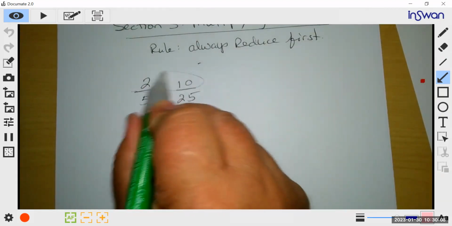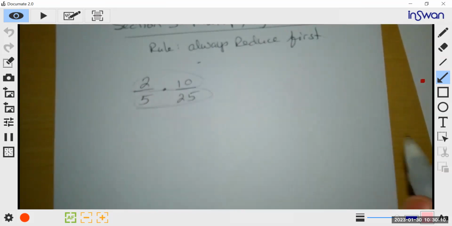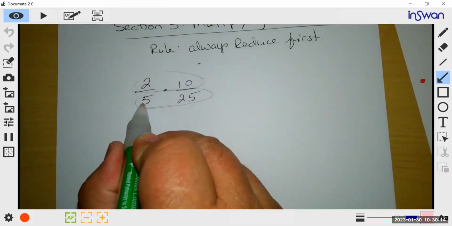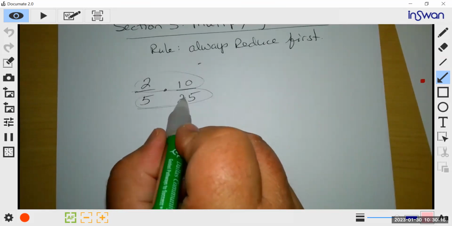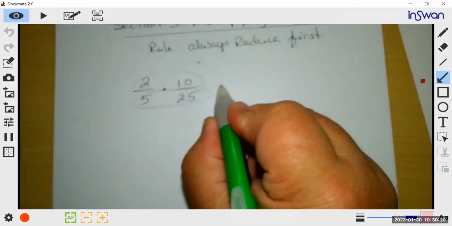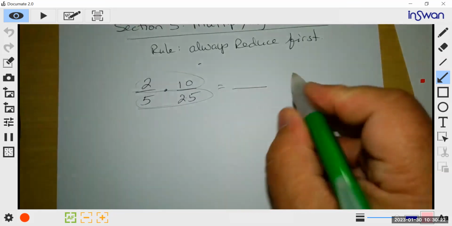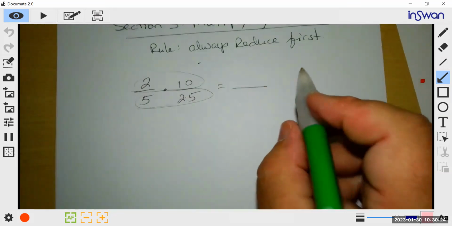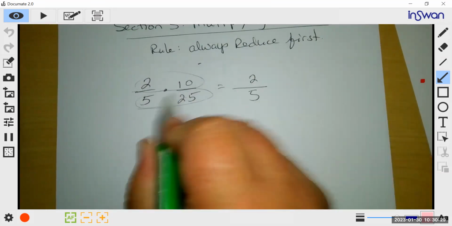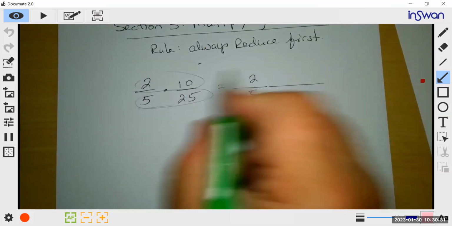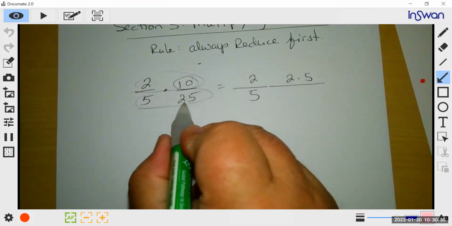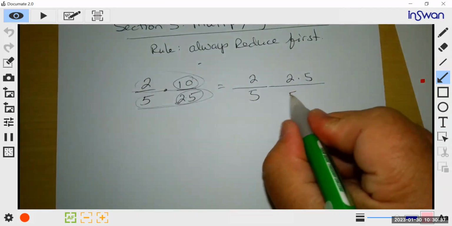Can anything on top cancel with anything on the bottom? Well, right now, until your multiplication skills get better, prime factorize it. So we know 2 and 5 can't go any further. 10 is made up of 2 times 5. 25 is made up of 5 times 5.